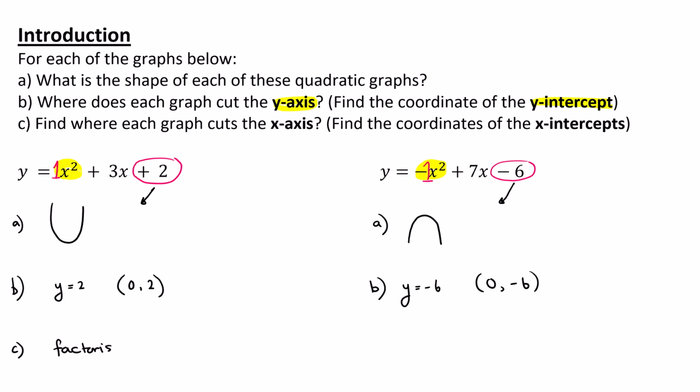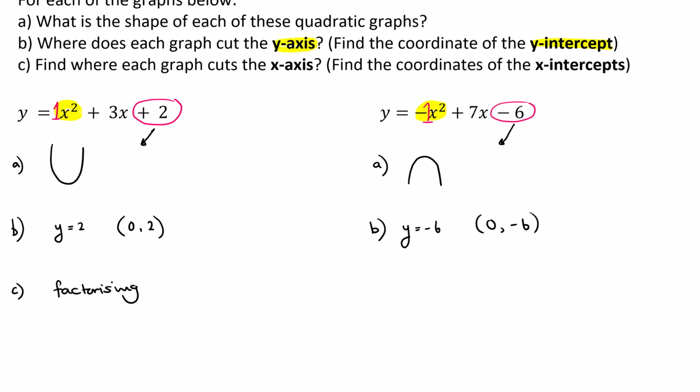Remember, this is a 3-term quadratic, so you factorize into double brackets. You could also use the quadratic formula, or you can complete the square. So all of these allow you to find the x-intercepts.